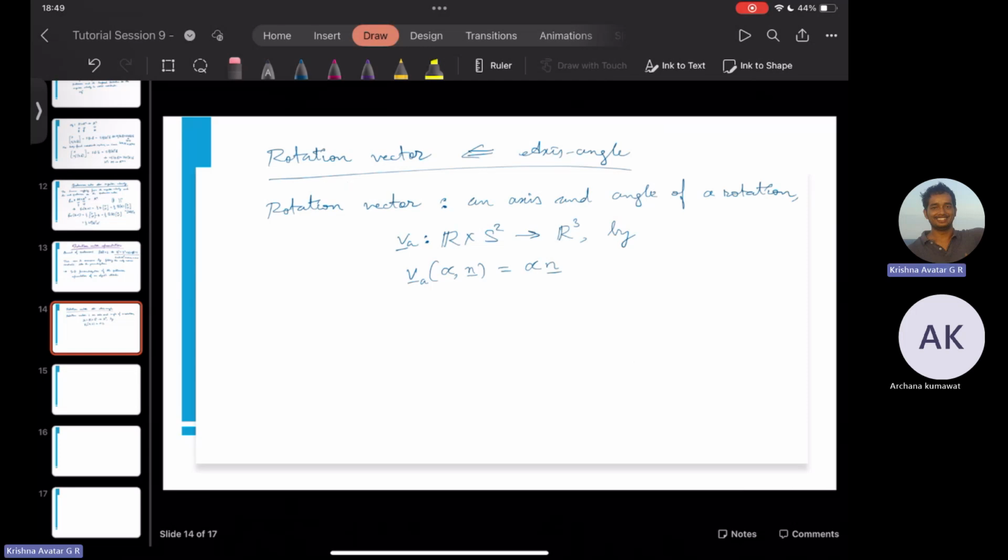So here R indicates a number, a scalar, which is the angle in this case, and S2 is a vector whose tip lies on the surface of a sphere.